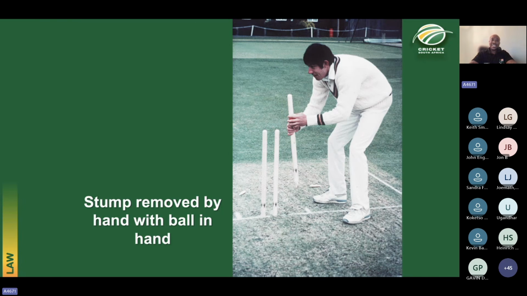Okay, that is one way that you can put a wicket down for the second time after the wicket was fairly put down earlier in that same delivery.